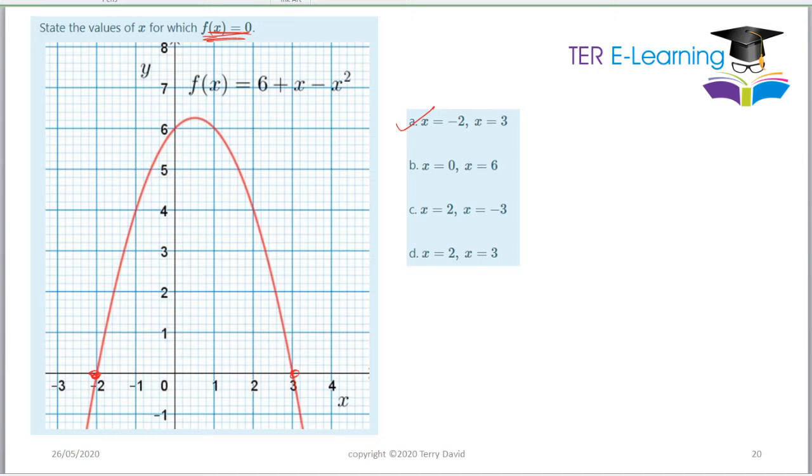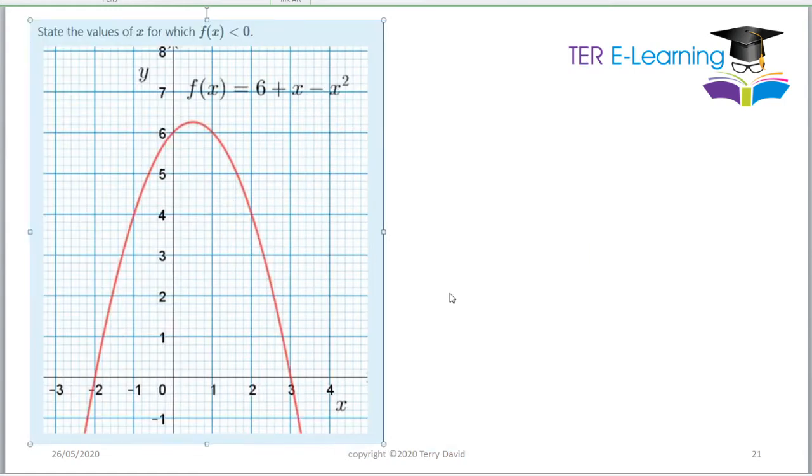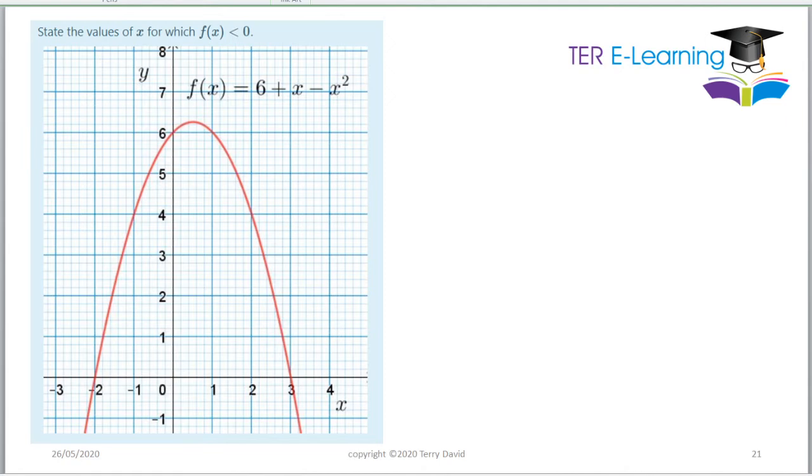All right, so you all getting an opportunity to try the inequality one again, right? Let me see if you all can get it correct this time. All right, so I want you to state the values of x for which f of x is less than 0.